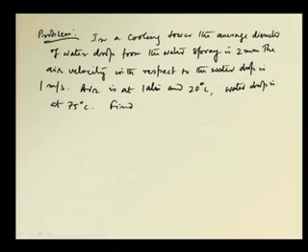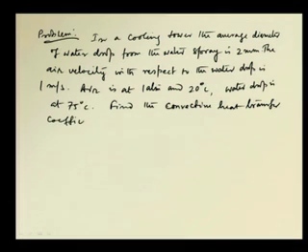Find the convective heat transfer coefficient.